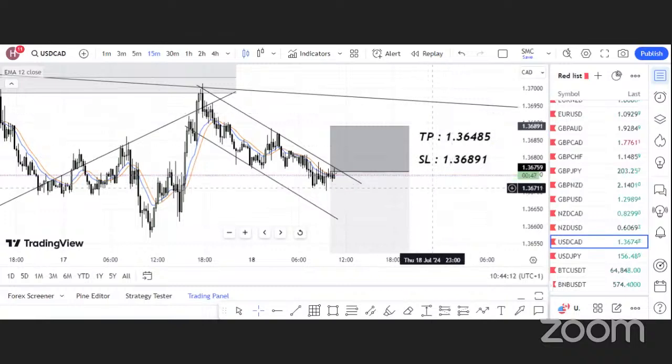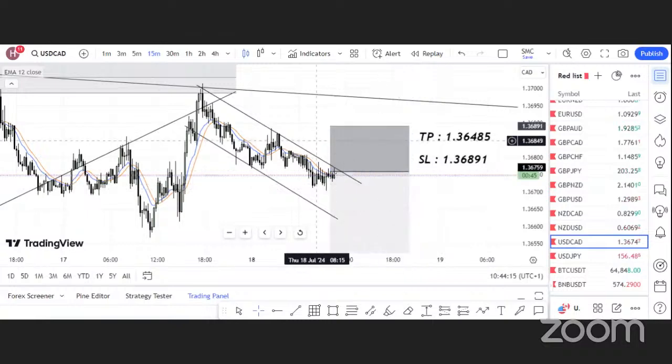I hope everyone has set take profit and stop loss for this trade.